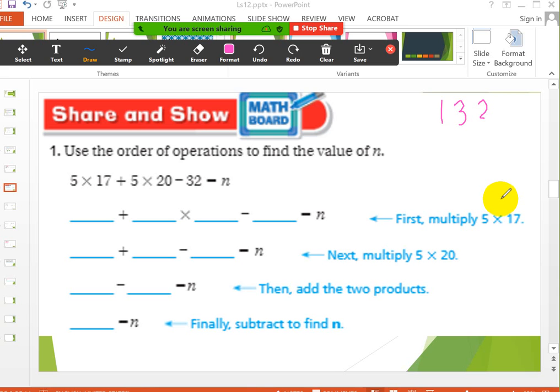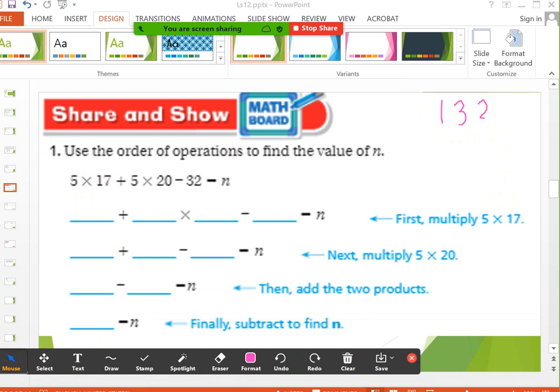You remember yesterday I told you that there is an order for an operation in any expression. The order told me that you have to start first with multiplication from the left to the right in this direction. So I will start with multiplication first from the left to the right.